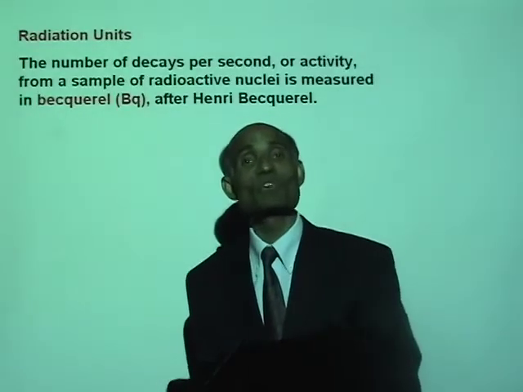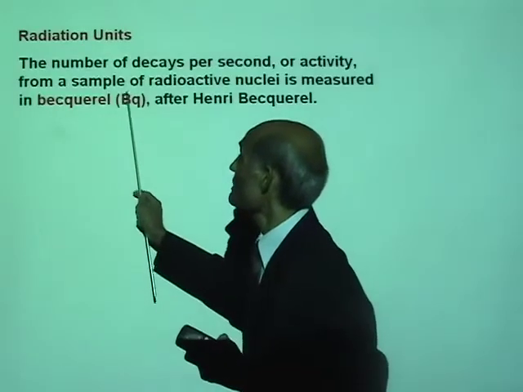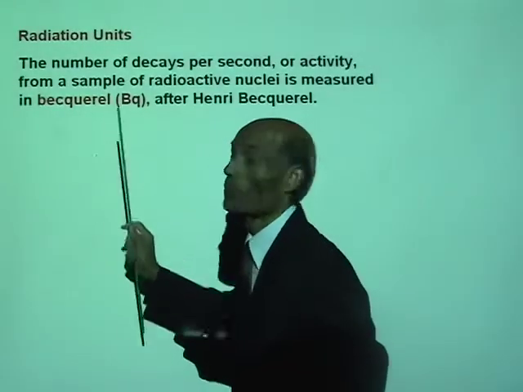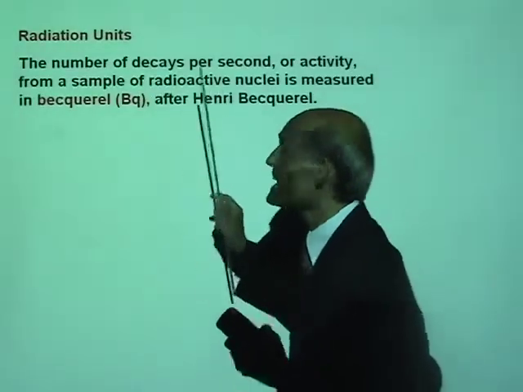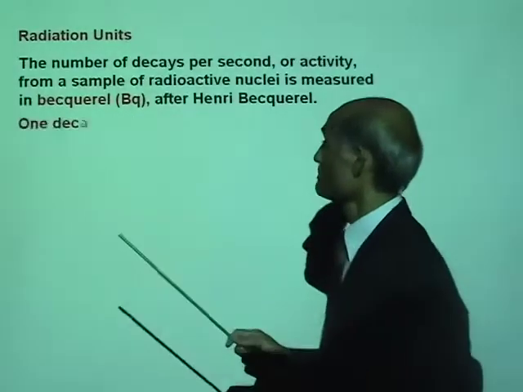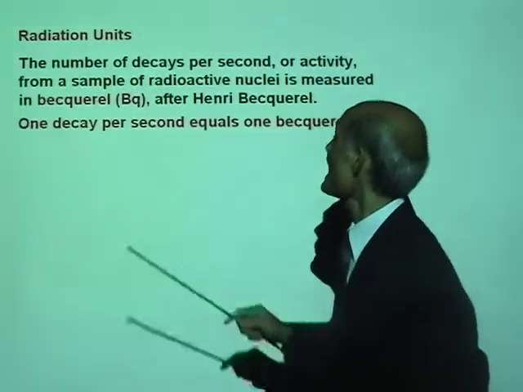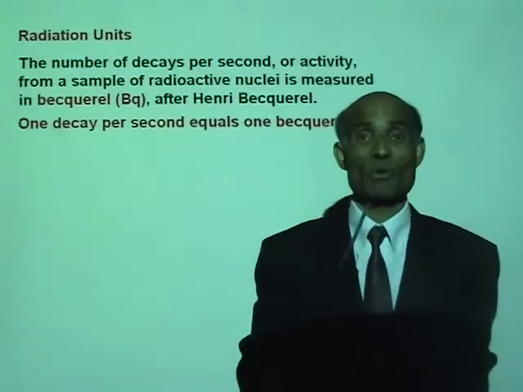Becquerel is the person who discovered radioactivity, and the unit is abbreviated Bq. So what is a becquerel? The number of decays per second is called becquerel. 1 decay per second equals 1 becquerel.